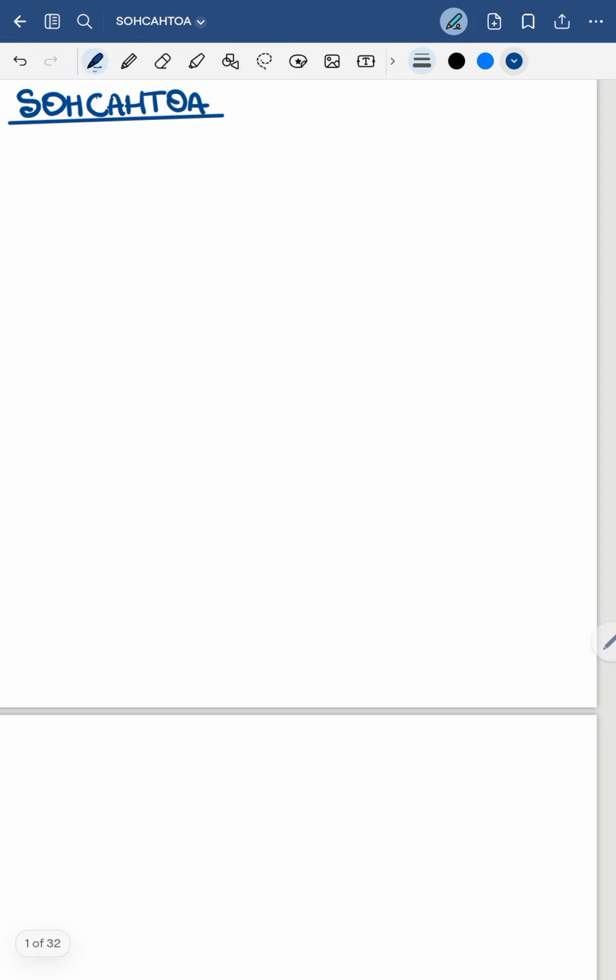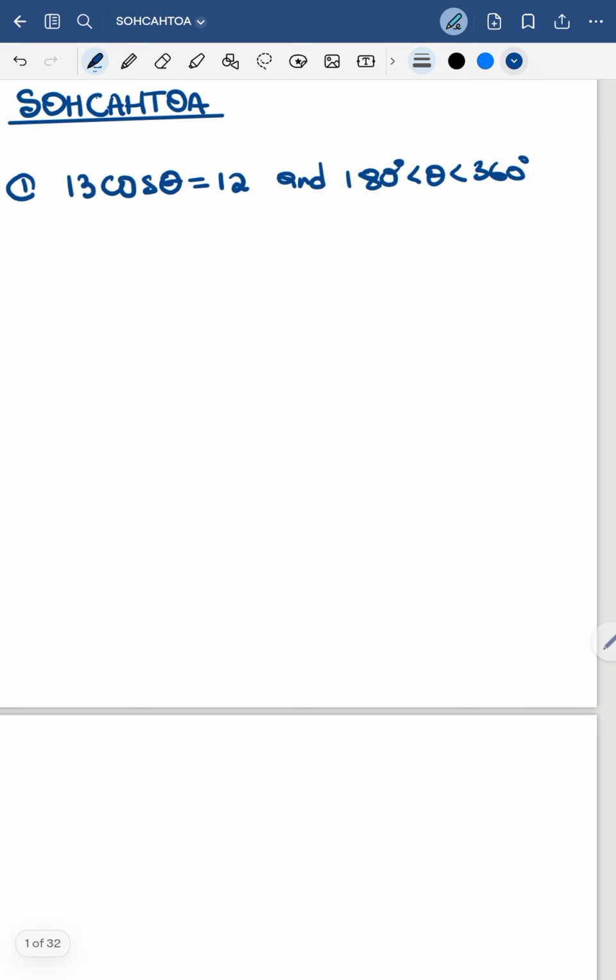Let's say we have our number one: 13 cosine theta is equal to 12. Then you are given an interval, and maybe let's say it's 180 degrees less than theta, then 360 degrees greater than theta.